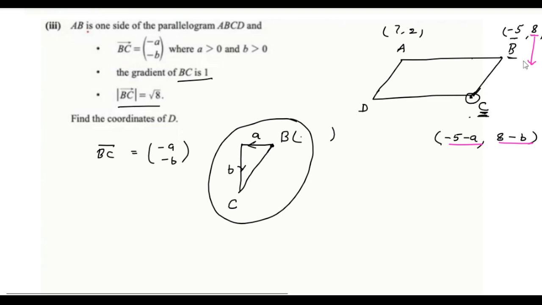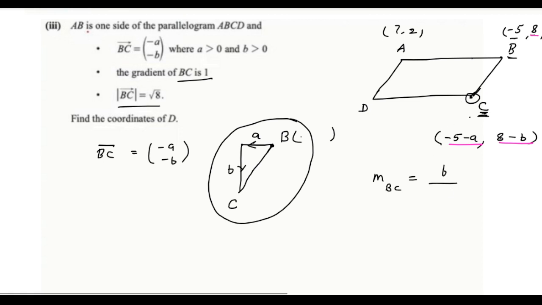Okay. Now once you get BC, can you find out the gradient of BC? You have the coordinate of B, you have the coordinate of C. Now you can work out the gradient of BC. It will be the difference of y coordinates. The difference of y coordinates is how much? It's B only.